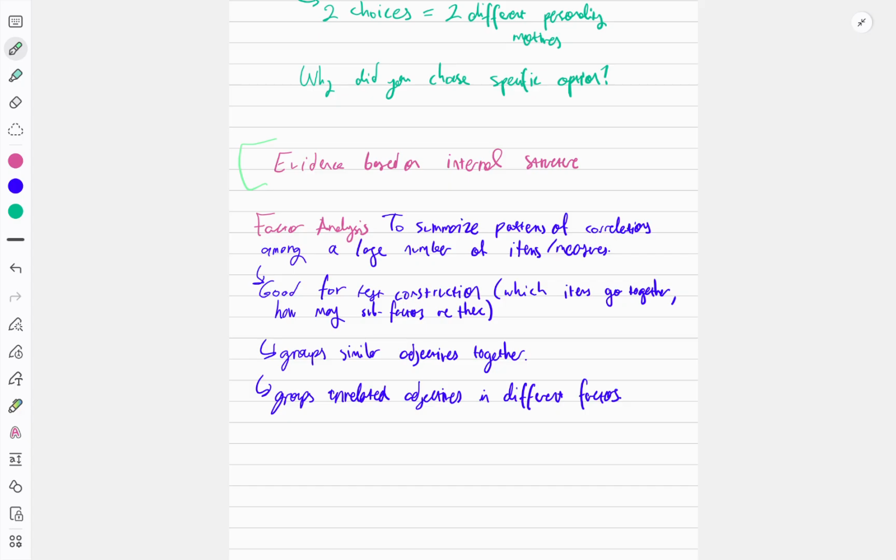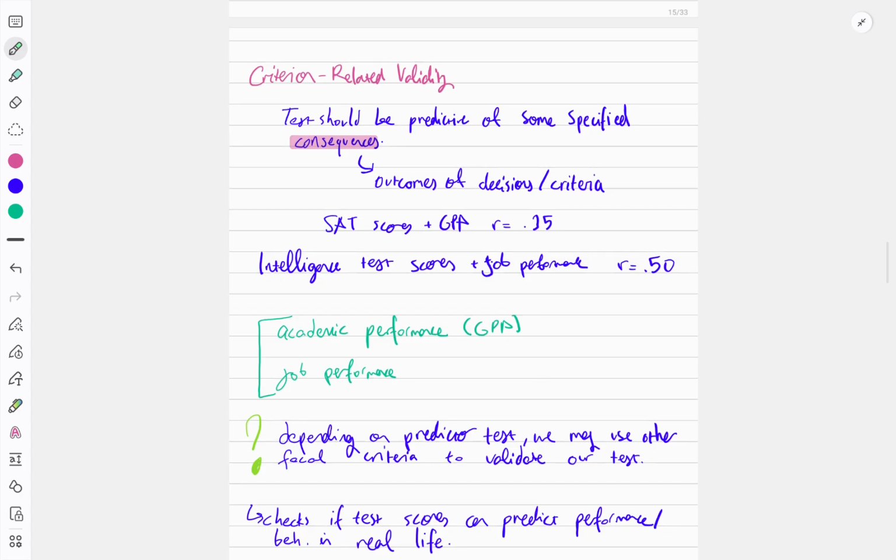Then we have criterion related validity. Our test should be predictive of some specified consequences, like outcomes of decisions or criteria, like SAT scores and GPA.